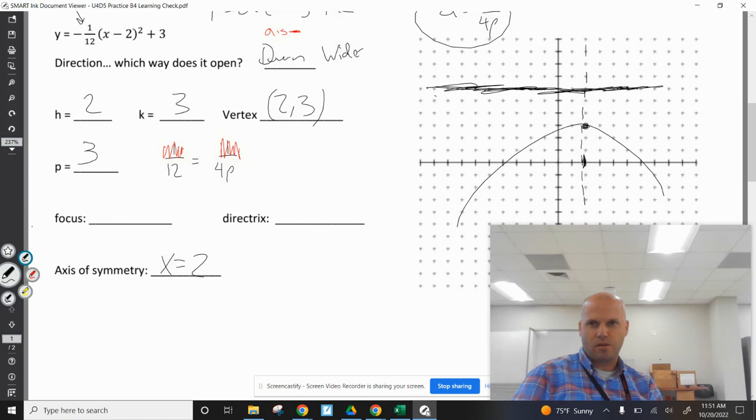We saw that when we created parabolas. That's my directrix. And again, p, 1, 2, 3. Boom, there's my focus. (2, 0), not (0, 2). Focus is at (2, 0). Directrix is y equals 6.